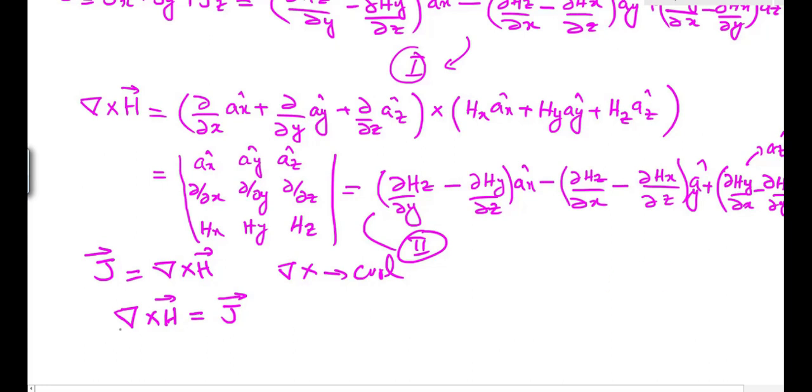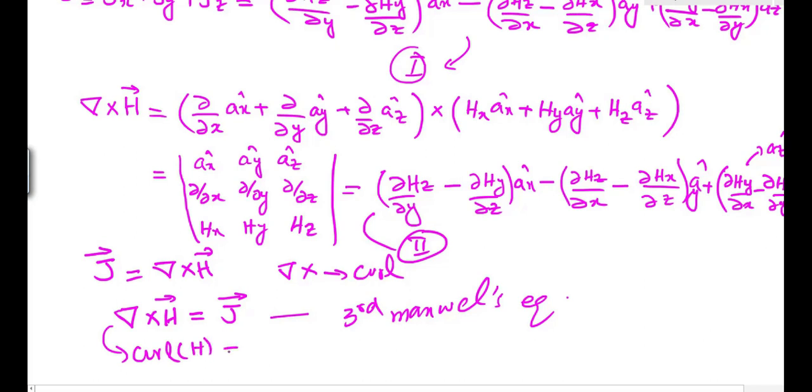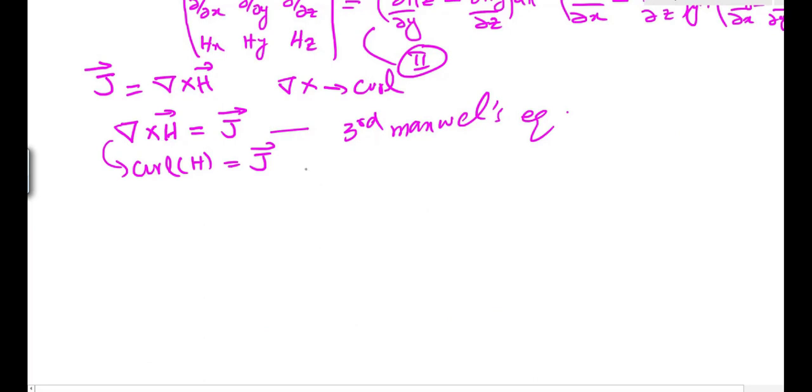So this curl of the magnetic field intensity gives you the current density, and this is, by the way, your third Maxwell equation, and we can write this as curl of H equals J. So from here we have obtained a very important operator, which is called the curl.